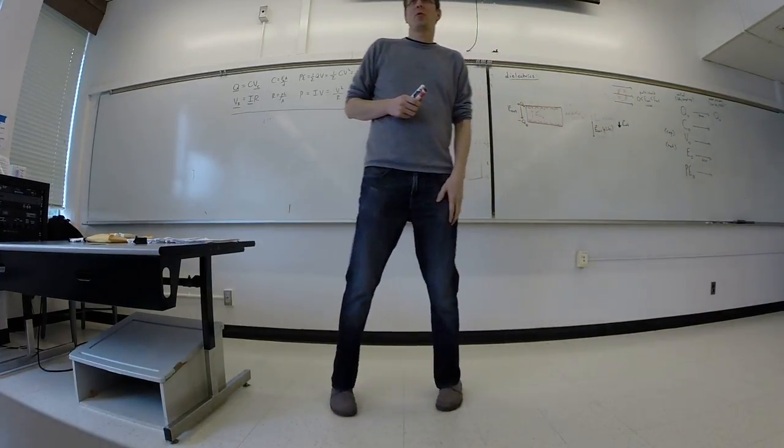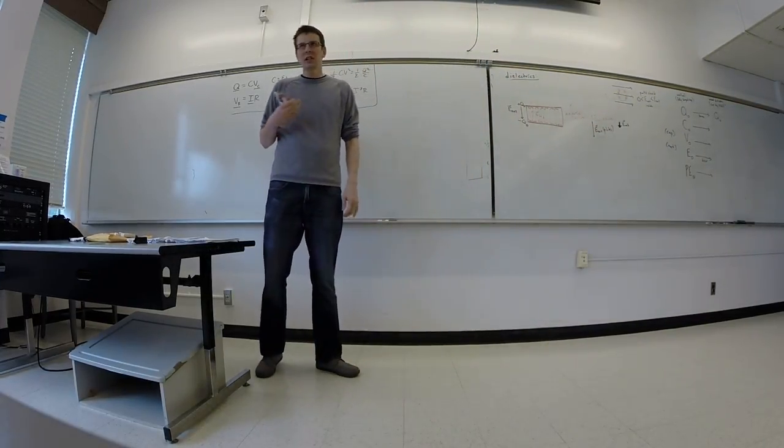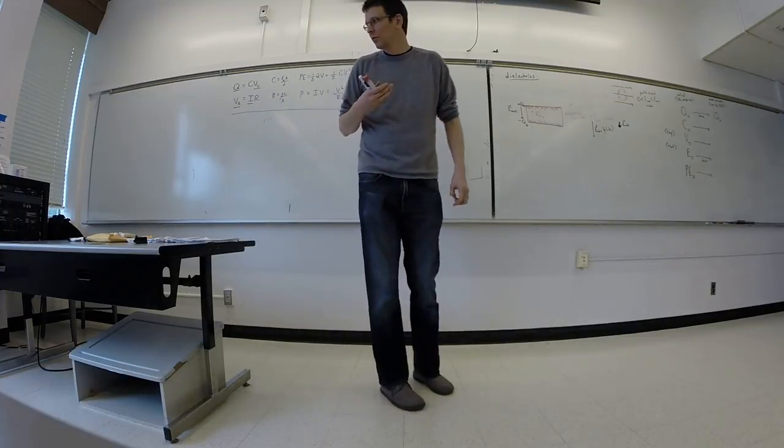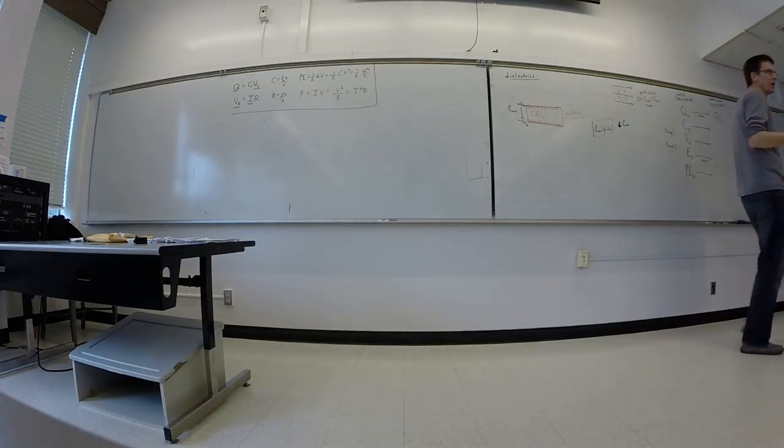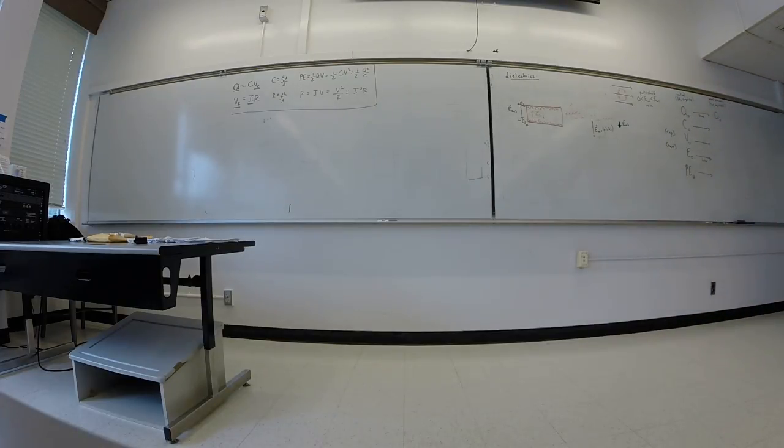Now, we need a way to quantify that. We only talked about it conceptually before, right? We only talked about it in terms of it's reduced. We never said, here's how we might quantify the number, right? So let me tell you how we quantify that reduction.